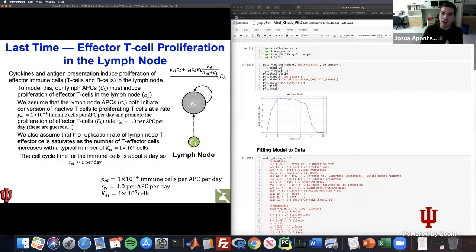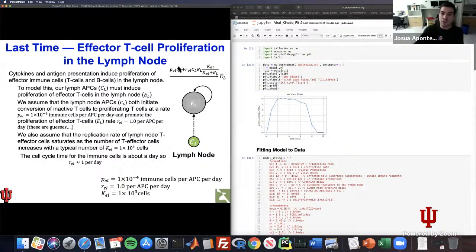If you have none, you cannot proliferate from there. So there has to be an activation where you produce or activate some of these effector cells, and then once you activate them, they can start proliferating. And these two terms here are accounting for those two different things.